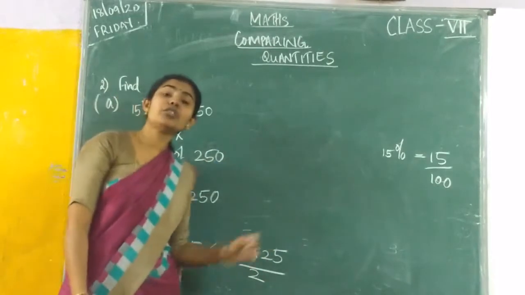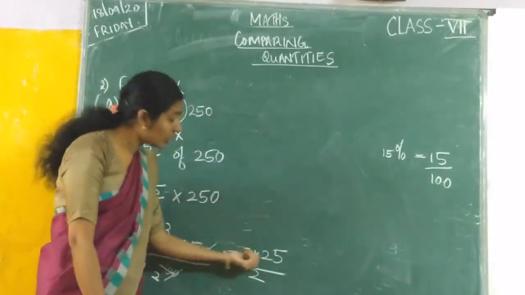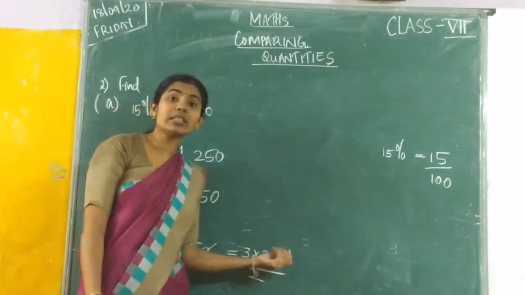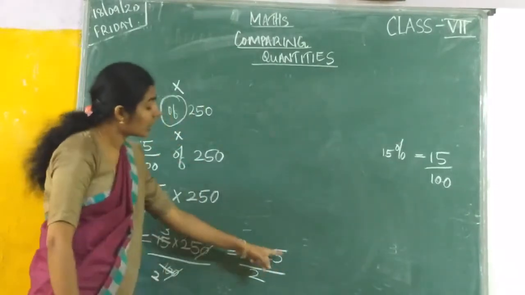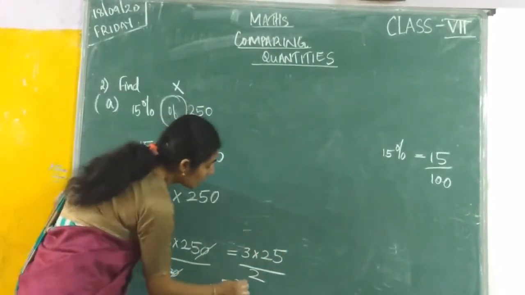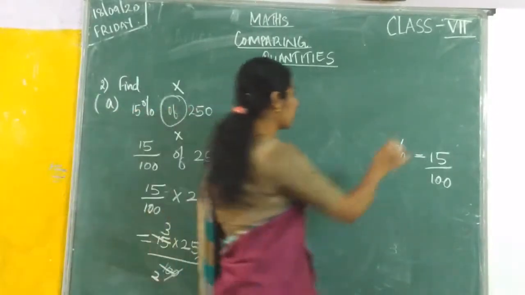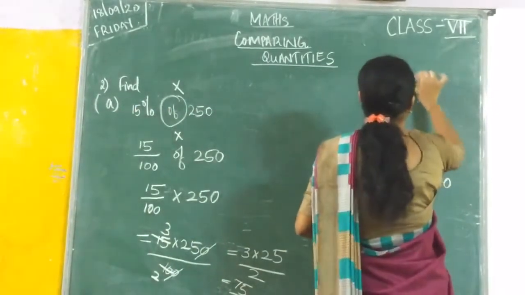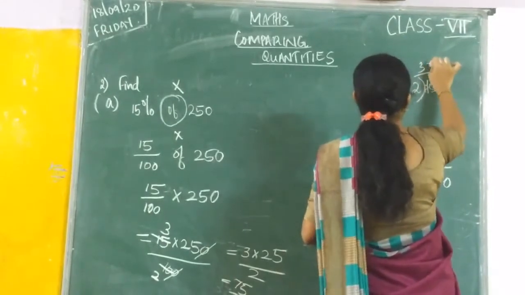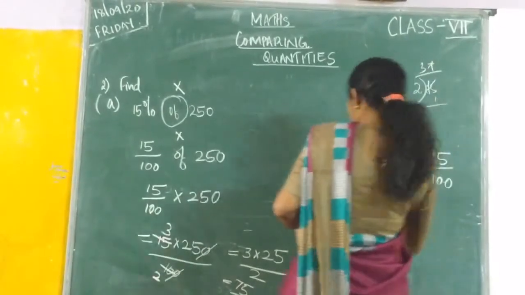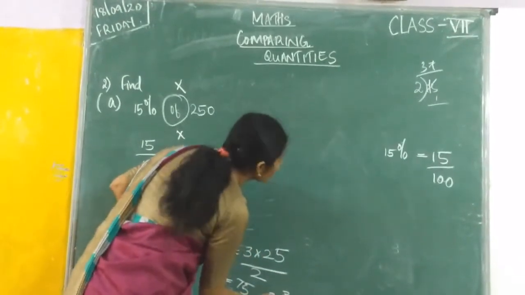Now again you can do the cancellation, but these numbers are not in the same table. Now let us see what is 3 multiplied by 25? That is 75 by 2. Already we found the answer. 75 by 2 is 37 1 by 2.